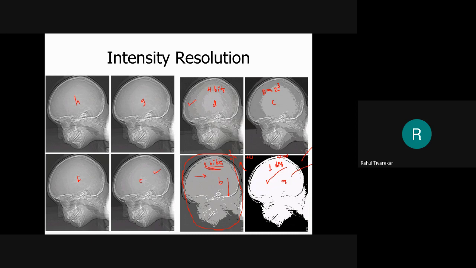This is E. Then after 32, 64 intensity levels, here 128 intensity levels, and here 256 intensity levels. So to store the 256 intensity levels, this image should have been represented with every pixel using 8 bit.